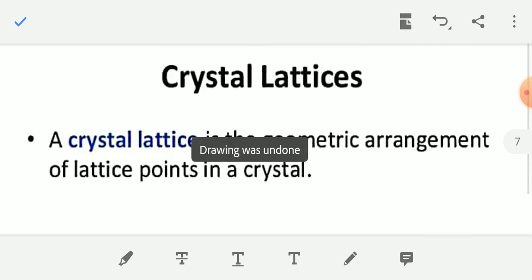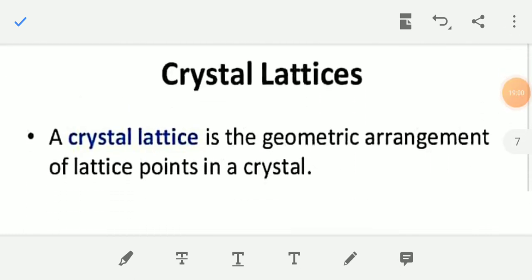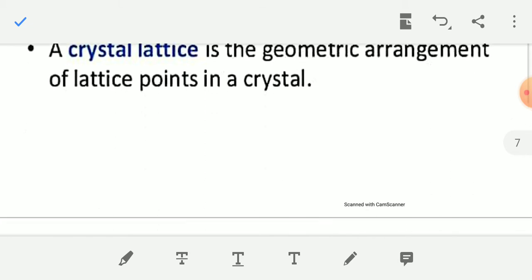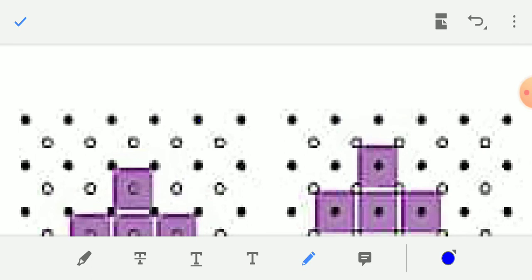Now see crystal lattice. What is a crystal lattice? A crystal lattice is the geometrical arrangement of lattice points in a crystal. Lattice points mean constituent particles, which are generally represented by a point. Here you can see each point represents a lattice point. It is a particle.